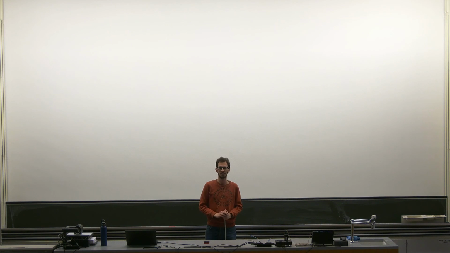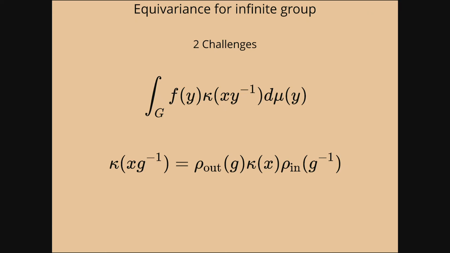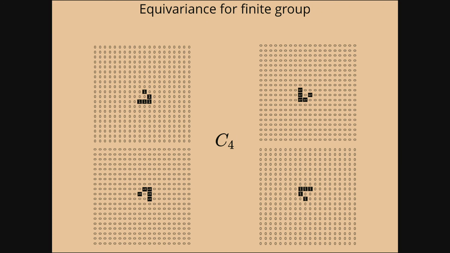Any other question? Yes. Briefly explain how you construct the filters for a simple finite group. Yeah. So the filters depend on the representation you choose to go in and to go out.